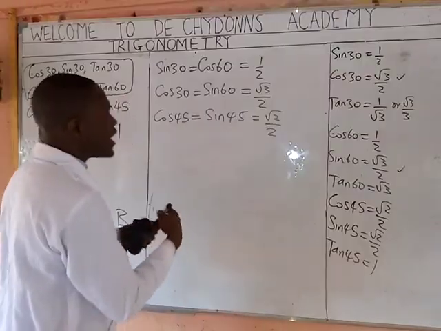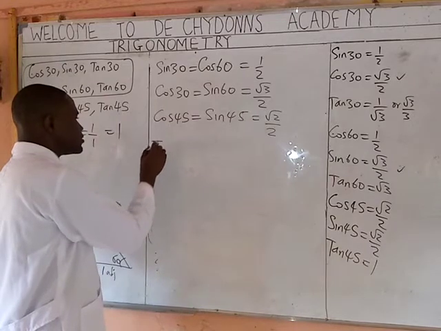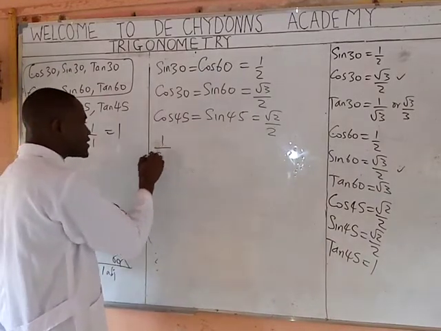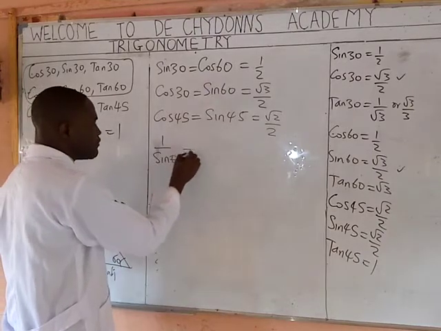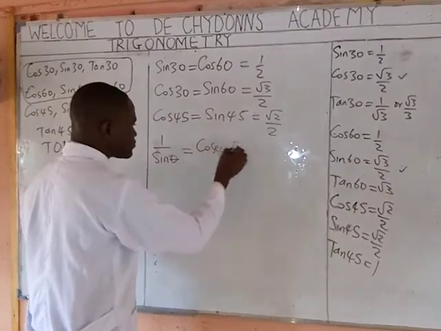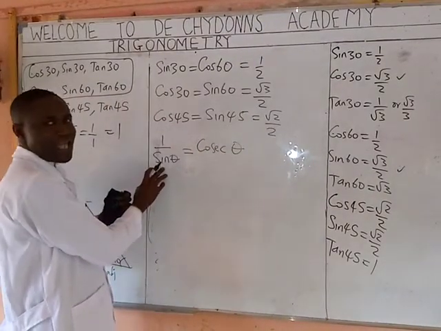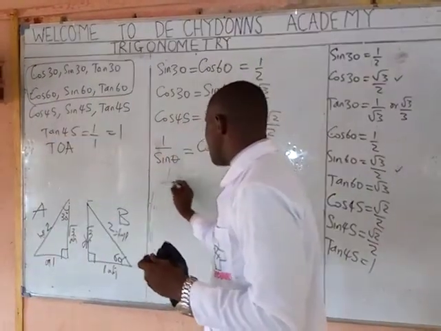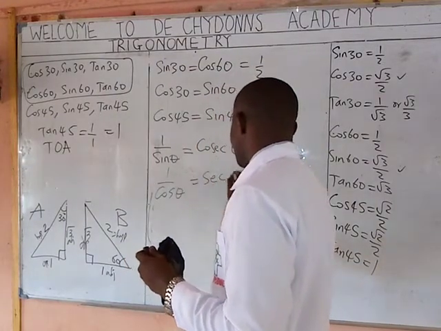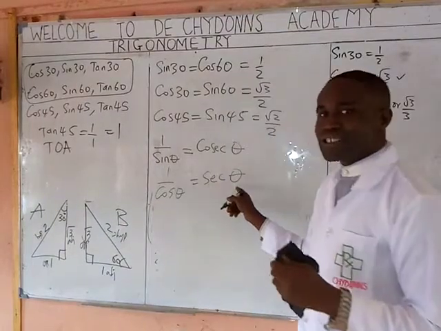Now, note that the inverse of sine, 1 over sin theta, gives you cosec theta. This is the inverse of the sine angles. 1 over cos theta will give you sec theta, which we call secant theta.